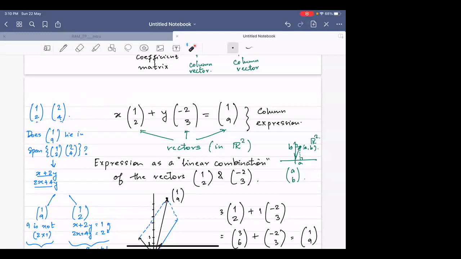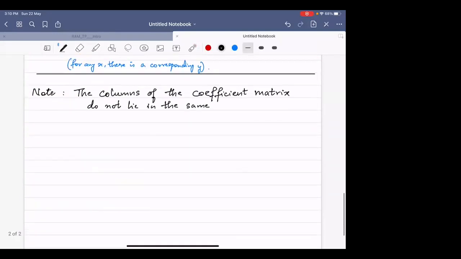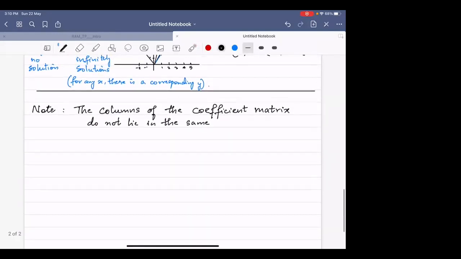Just like here, these 2 vectors are the same. Similarly, in 3 dimensions, those 3 planes will be the same, which is like saying those 3 columns lie in the same plane. That will cause the problem in 3 dimensions. And in higher dimensions, exactly the same, only the language now becomes lie in the same hyperplane in higher dimensions.